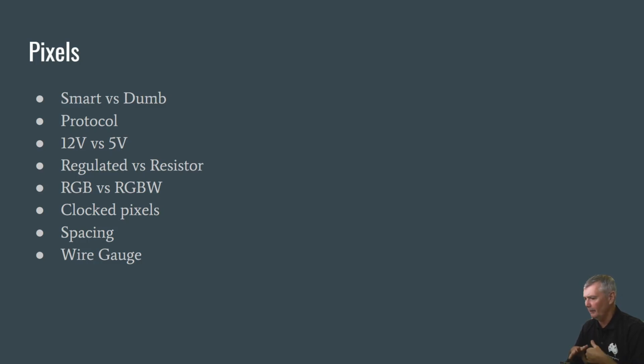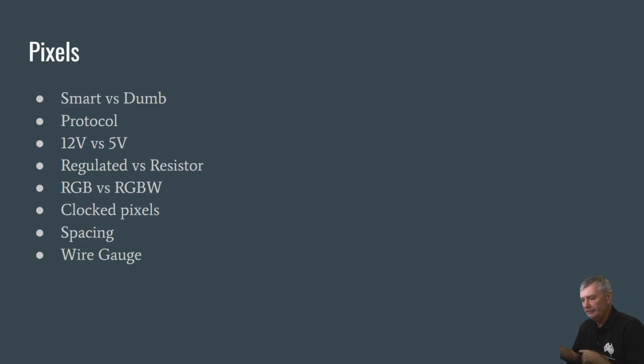There's more components in them. They're potentially a little bit more expensive, but quite frankly, I think what's more important is the integrity of the gel or the epoxy that fills the pixels up and their ability to keep water out of the pixels. To me, that's the biggest correlator to failure of pixels than whether it's regulated or resistor or anything else.